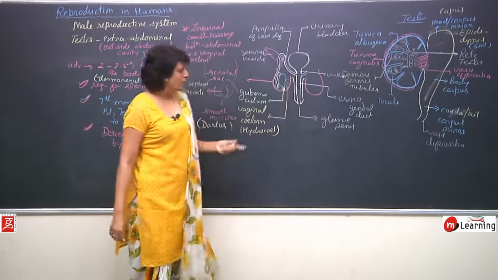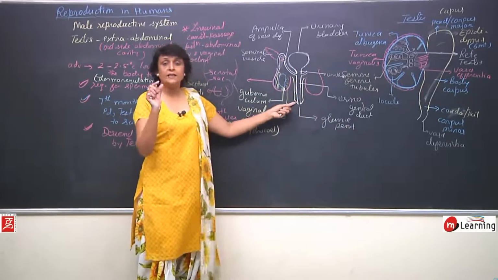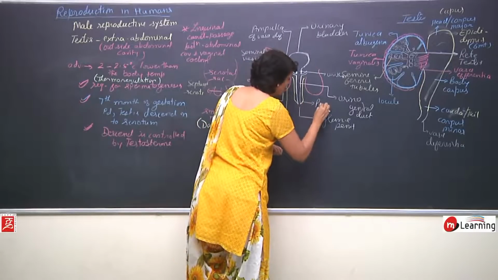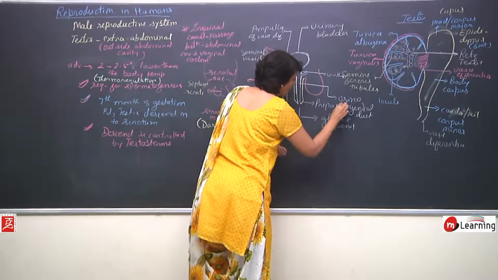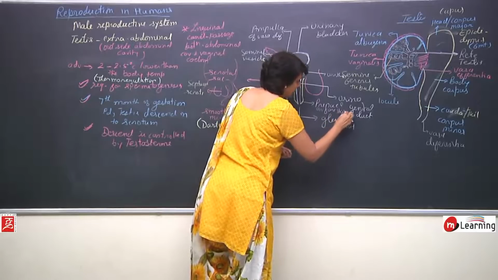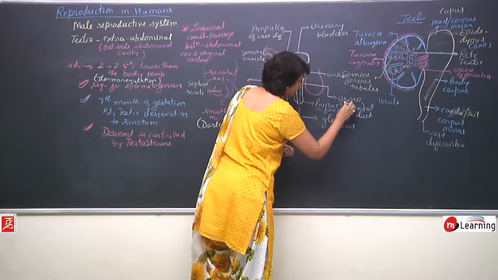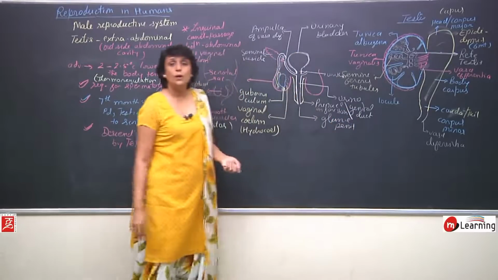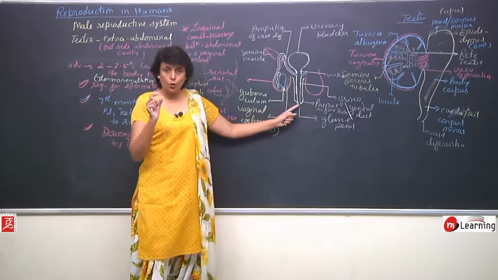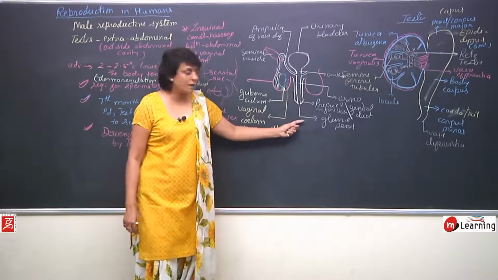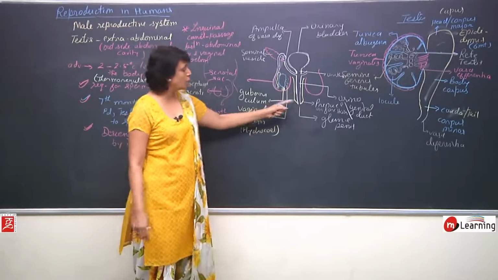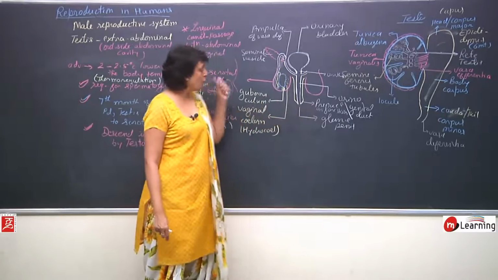The skin which is present near the tip is known as prepuce or foreskin. So the tip where the opening is known as glans penis. The tip is surrounded by a loose fold of skin which is called prepuce or foreskin.